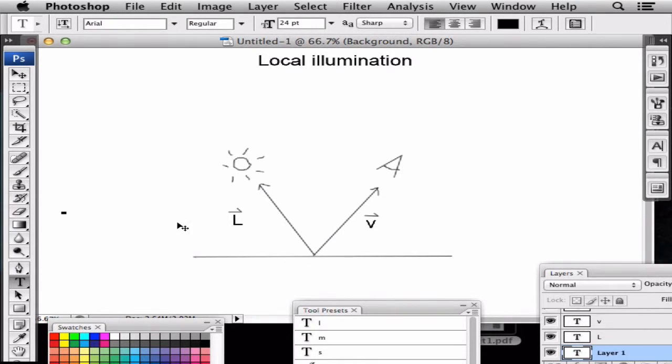So we talk of local illumination. That means that when we are calculating the light at this specific point, we only consider the geometry at this point. We do not consider any other geometry in the scene. In the real world, there's a lot of light bouncing around.